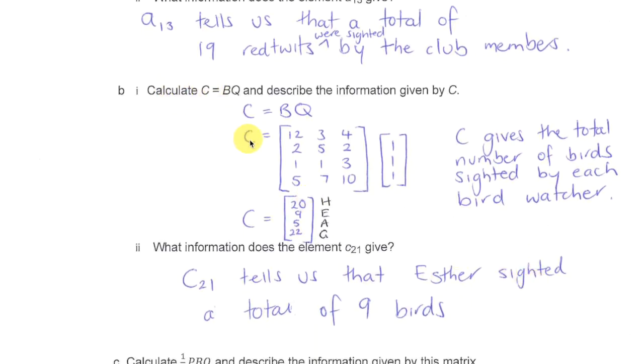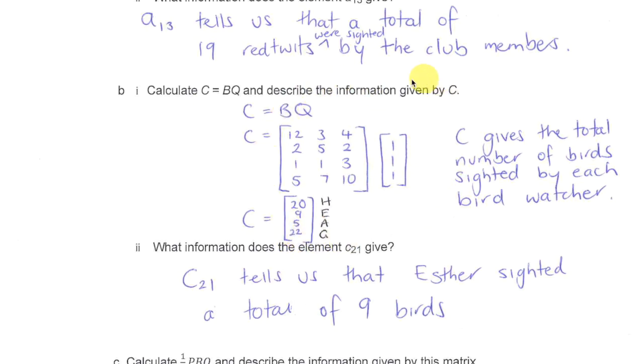This time we've got matrix C, and that's equal to BQ. So here's our information matrix B, and now we've got the summing column matrix. You can see that to get this 22, that position is row 4, column 1. So it's 5 times 1 plus 7 times 1 plus 10 times 1, and for that you'll get 22.